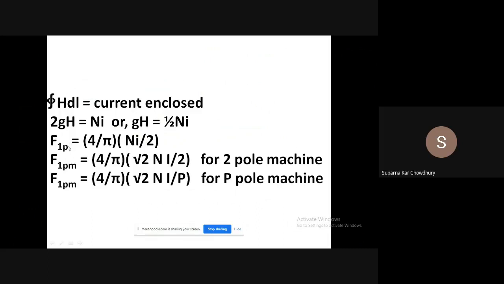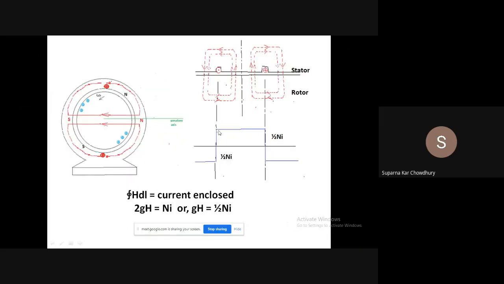So this distribution was rectangular. Now this rectangular waveform can be resolved into a fundamental and harmonics. As it is symmetrical, you can see that there is no even harmonic, but it will have odd harmonics.